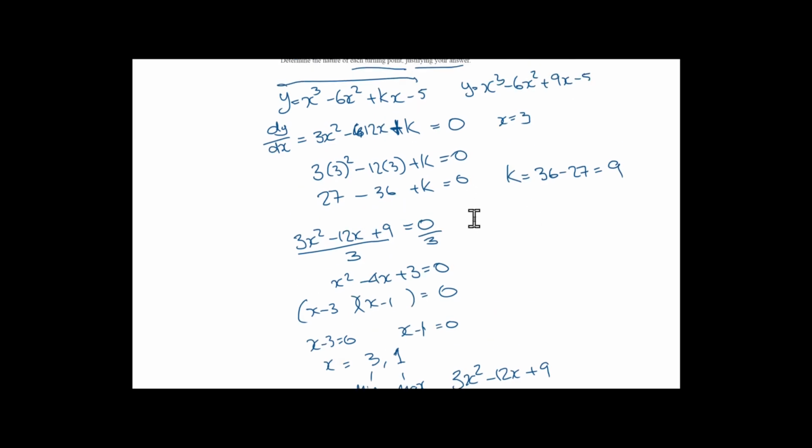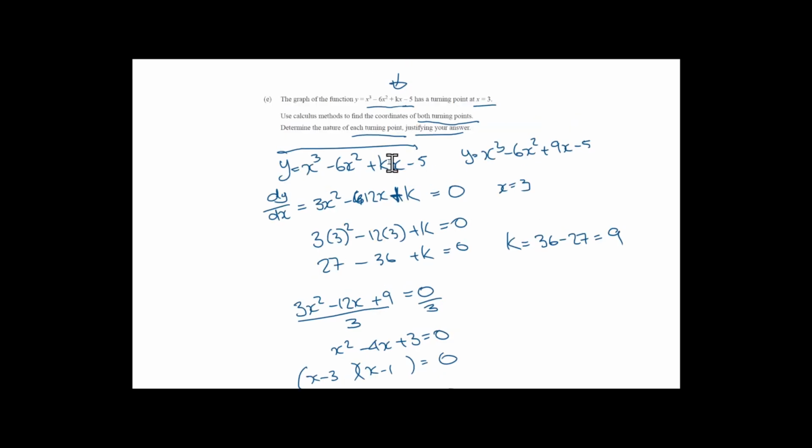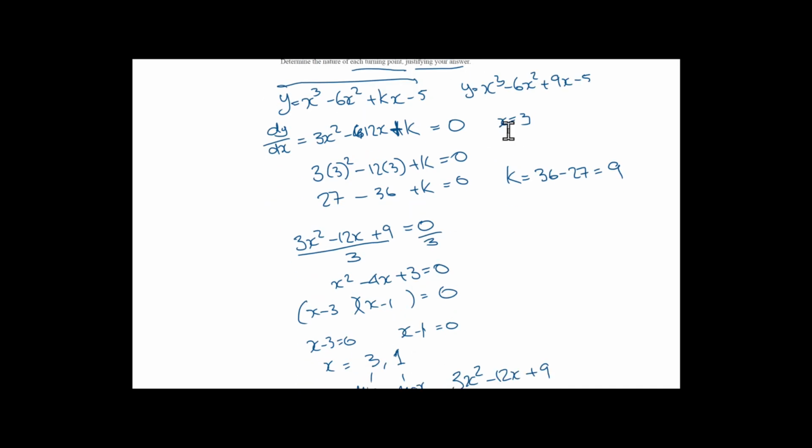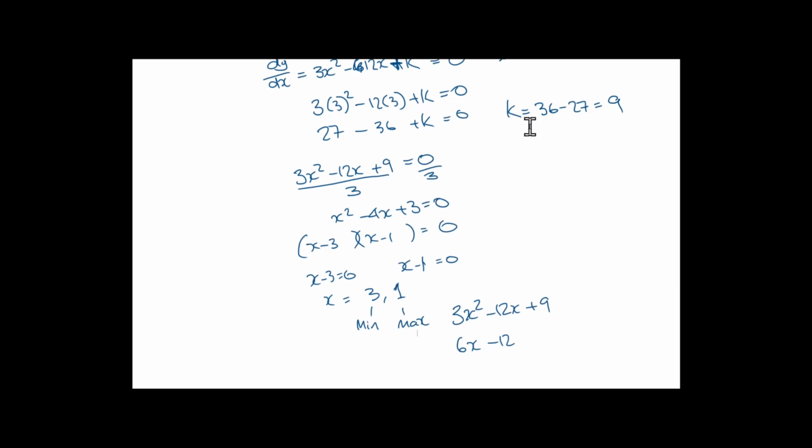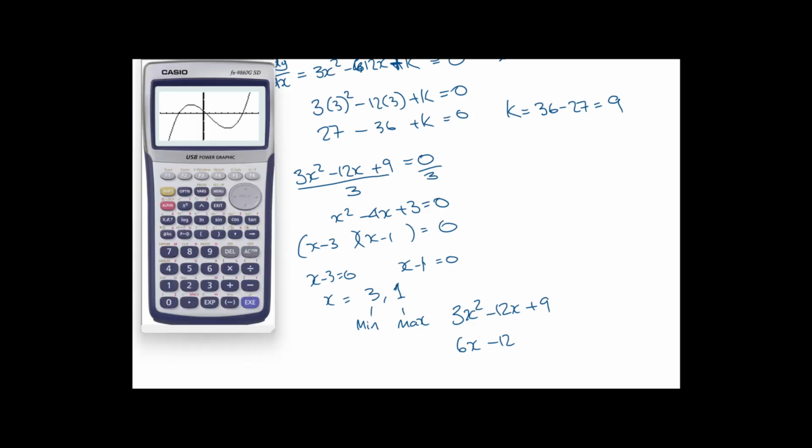Okay, what does the question ask? Find the coordinates of both turning points. So then we have to go into the original equation and find the turning points, and I'm too lazy to do that, so I'm going to do it on the calculator just to show you how it's done.